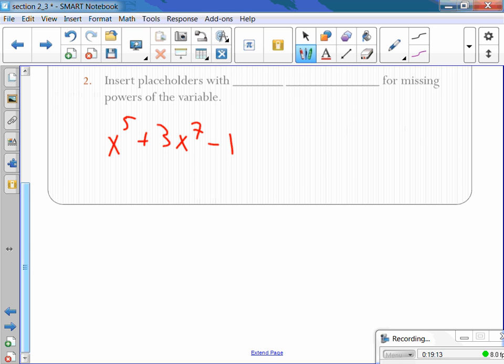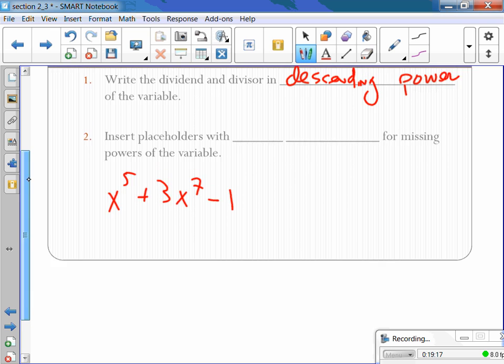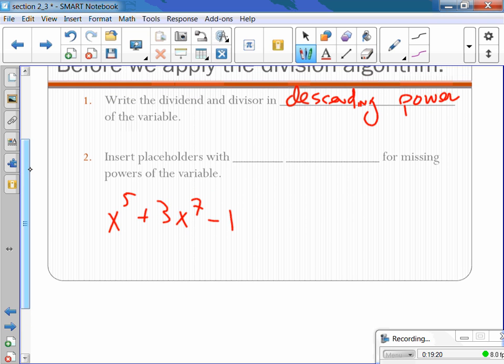And then also to insert placeholders with 0 coefficients for missing powers of the variable. You could put, for that one, plus 0x to the 6.